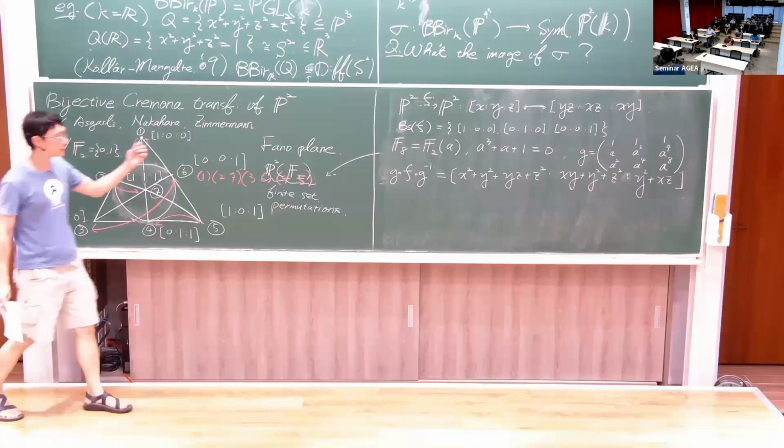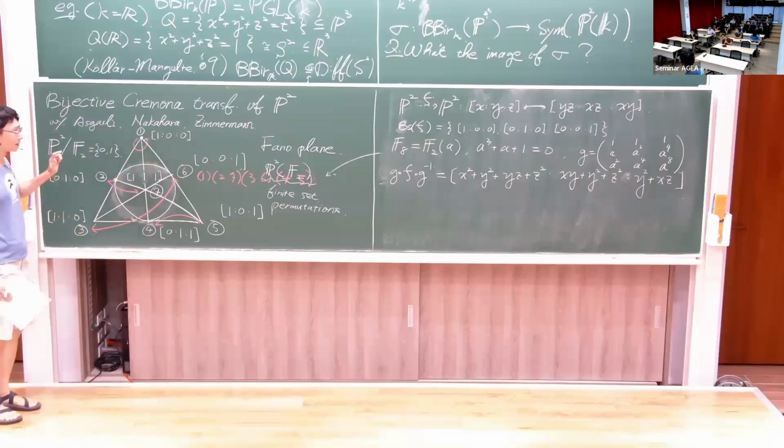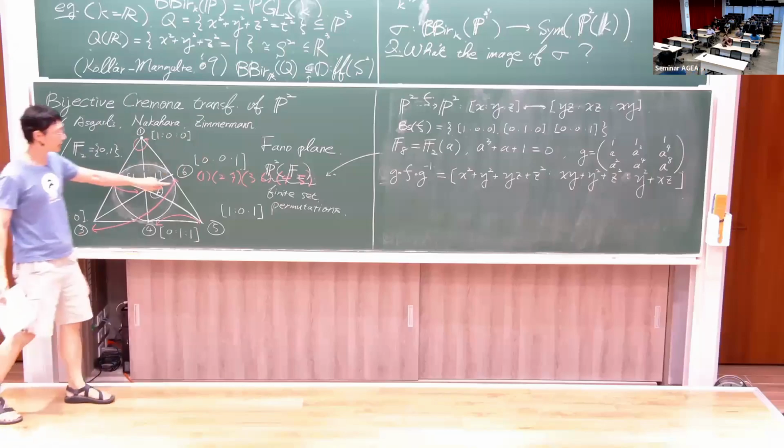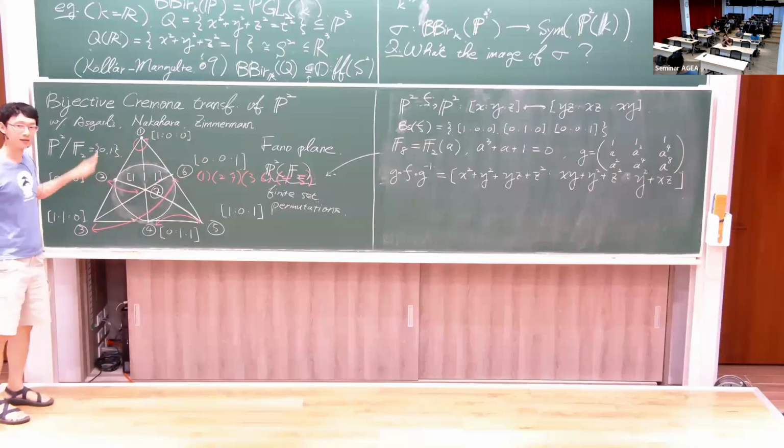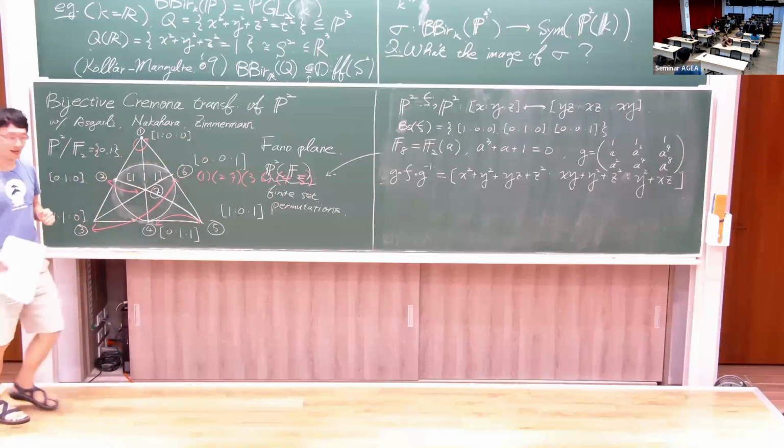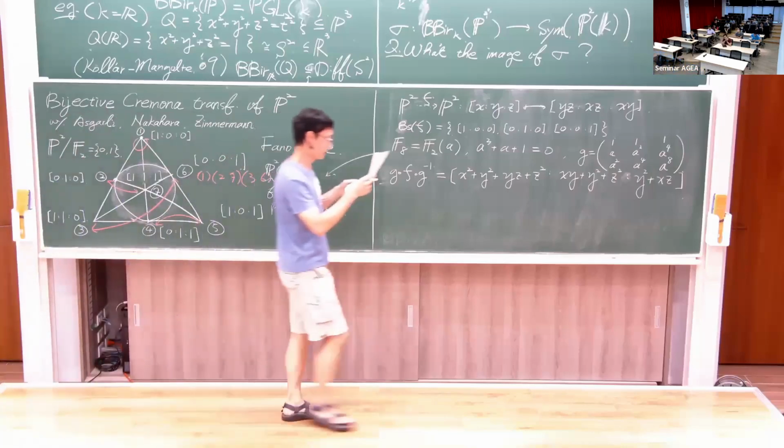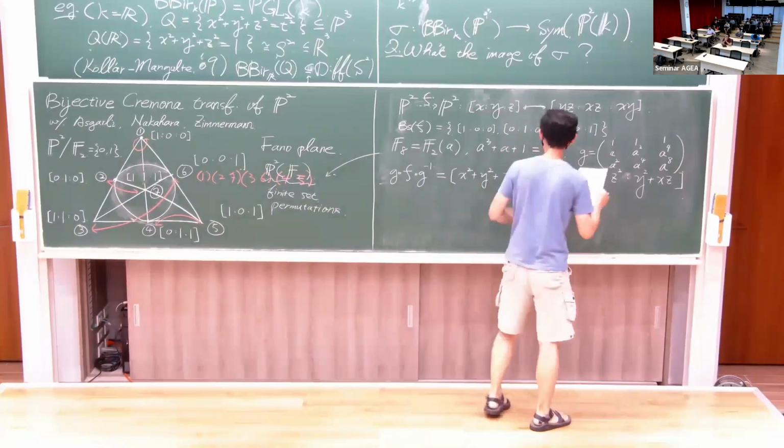This gives you an example of a bijective Cremona transformation of P2, which performs this permutation on these 7 points. A very explicit example. Okay, so we have an example.